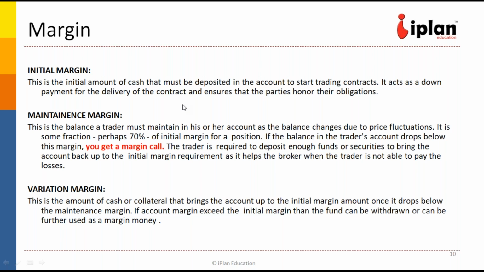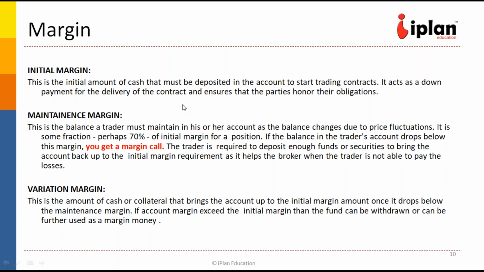So what the exchange does is set up a maintenance margin level where they want to ensure that the buyer or seller must not have losses beyond the maintenance margin level.